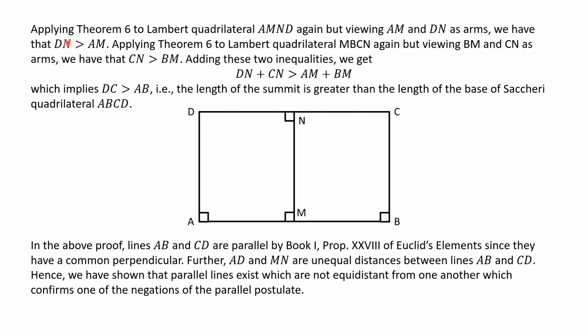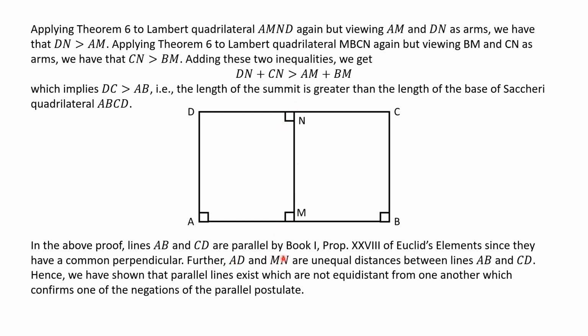Then we just add these two inequalities together and we get DN plus CN, which is the summit, is greater than AM plus BM, which is the base. And so the length of the summit is greater than the length of the base, which is what we wanted to prove. So that's the end of the theorem, but we have a comment here. Lines AB and CD are parallel by Book 1, Proposition 28 of Euclid's Elements, since they have a common perpendicular, which is MN.